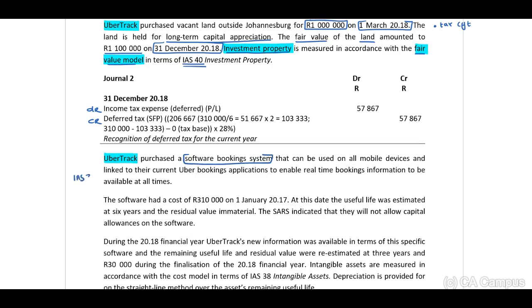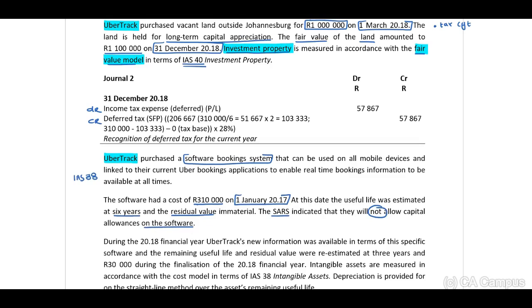Now, we know IAS 38. The software had a cost of 310,000 on 1 January 2017. At this date, the useful life was estimated at 6 years and the residual value immaterial. The SARS indicated that they will not allow capital allowances on the software.